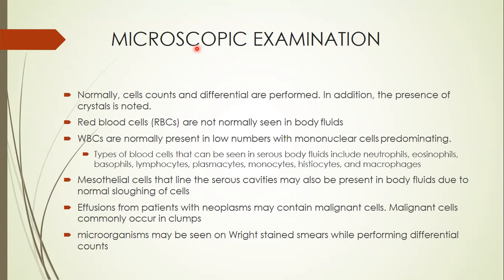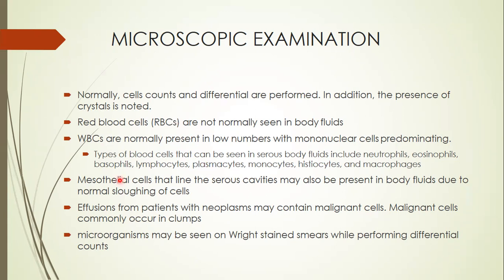For example, if you see red blood cells, you can tell that the serous fluid may have been produced because of a certain pathologic process, because red blood cells are not normally seen in serous fluid. The presence of WBCs will also tell us something. Remember, lymphocytosis is associated with TB, and granulocytosis is associated with bacterial infection, among others.